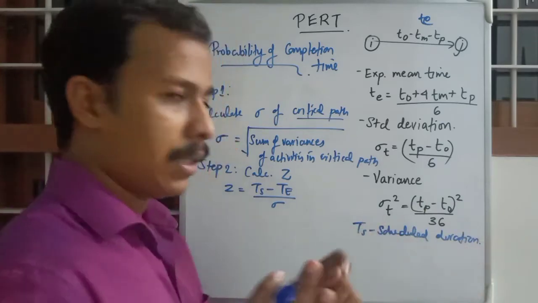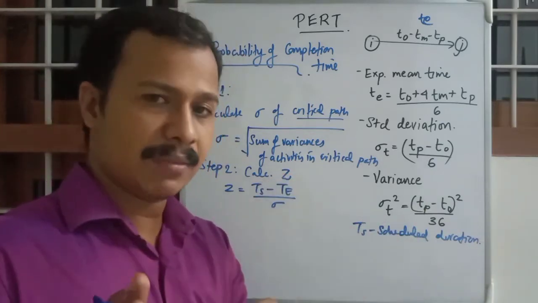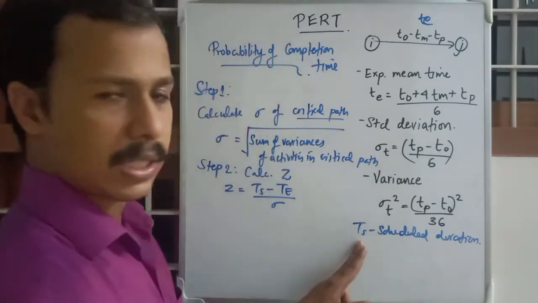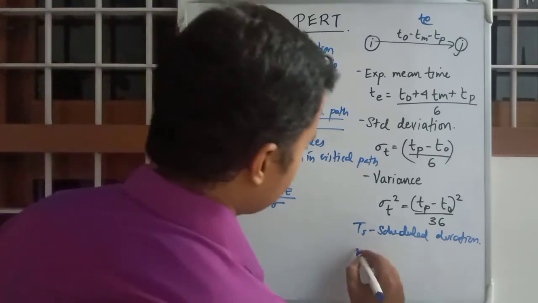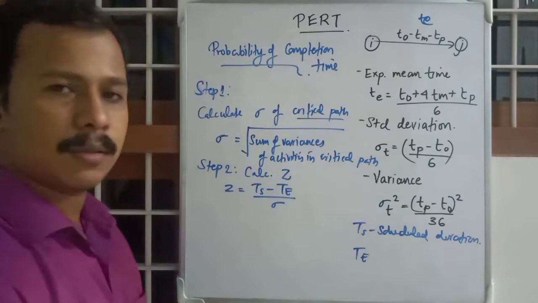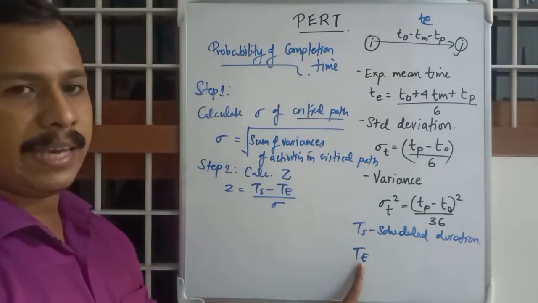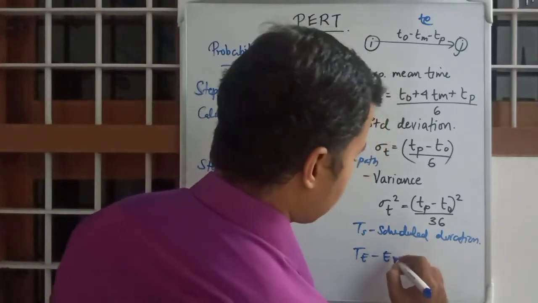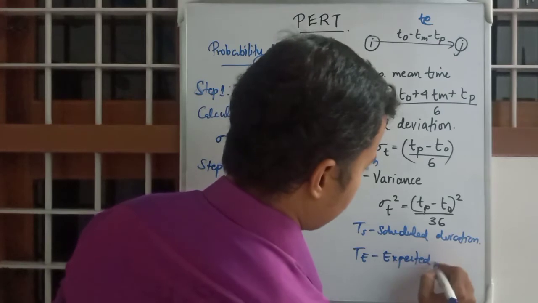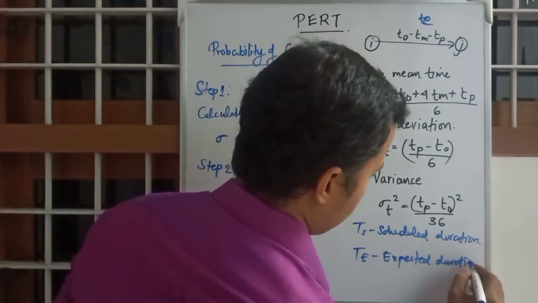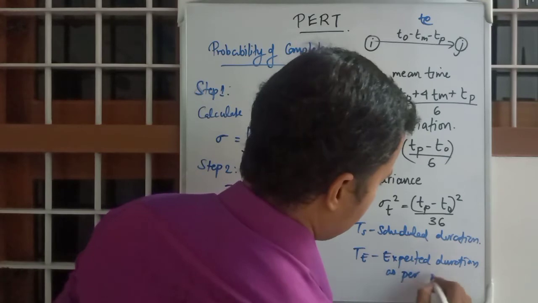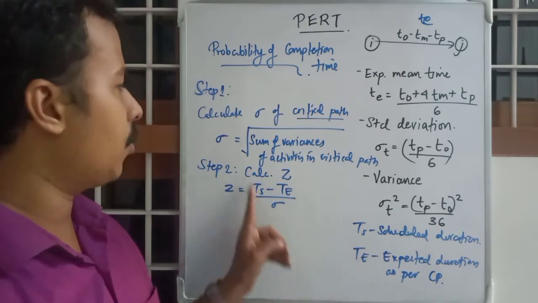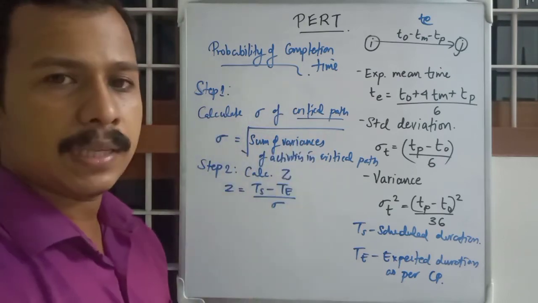The critical path normal duration was 15 weeks. We want to know the probability of completion in 17 weeks. That 17 weeks is Ts. Our original critical path duration, that is the expected duration Te, is 15 weeks as per our example. Sigma you already know; this is the standard deviation through the critical path.